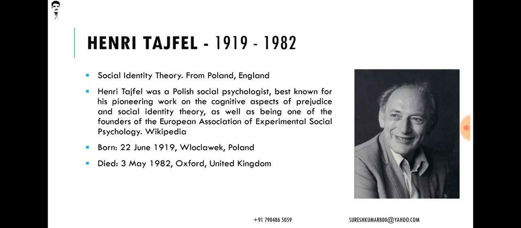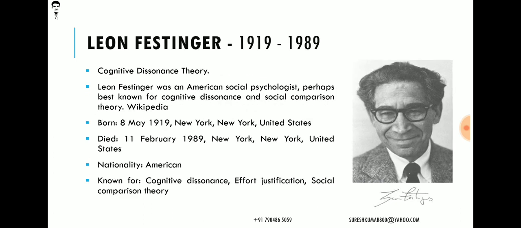He is important; he has influenced those areas. Henri Tajfel was a Polish social psychologist, best known for his pioneering work on the cognitive aspects of prejudice and social identity theory, as well as being one of the founders of the European Association of Experimental Social Psychology. He was born on June 22nd, 1919 in Poland, and he died on May 3rd, 1982 in the UK.